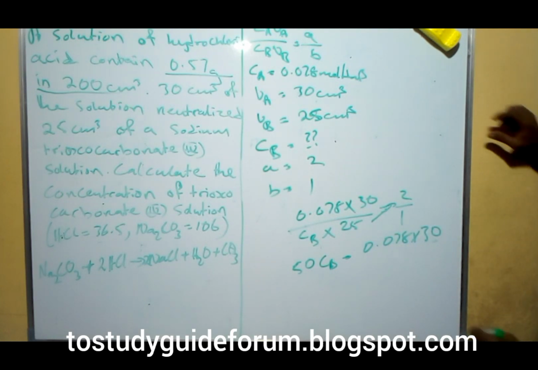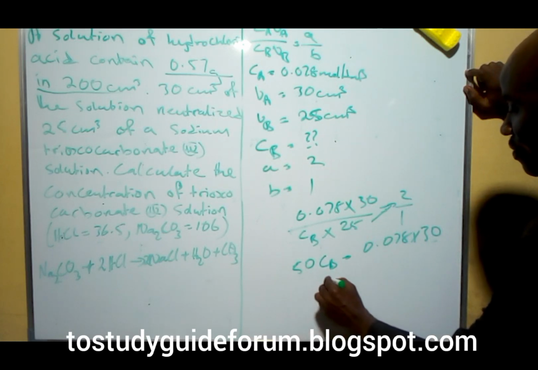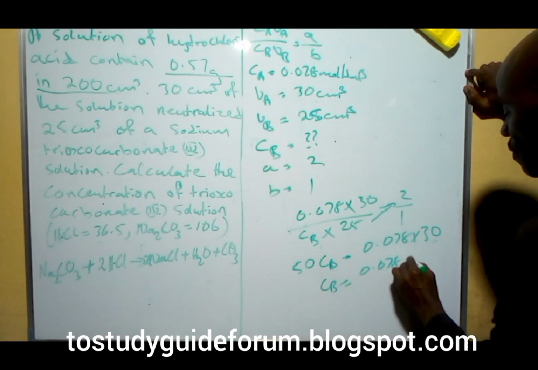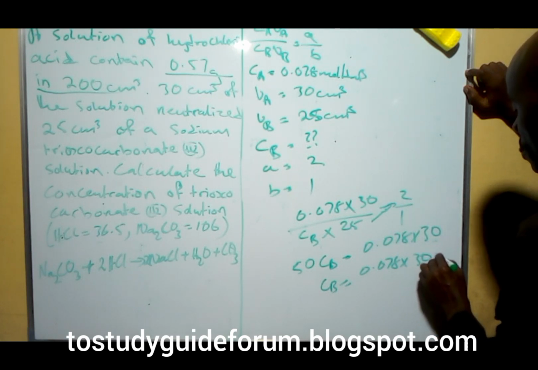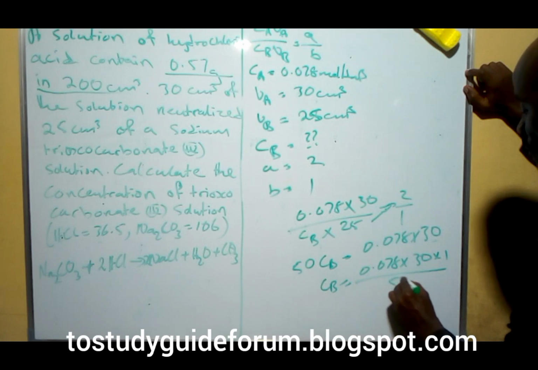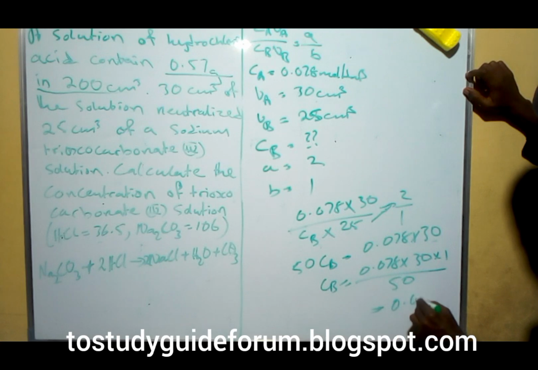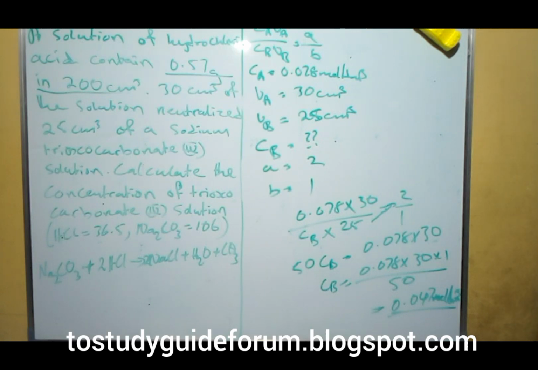Dividing both sides by 50, we have 0.0468 mole per dm cube. That's the concentration of the trioxocarbonate in mole per dm cube.